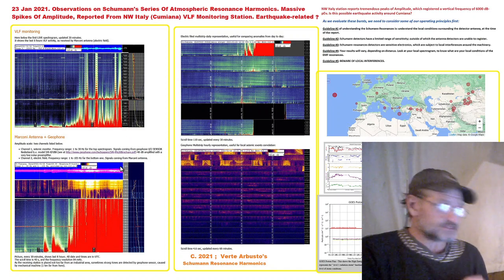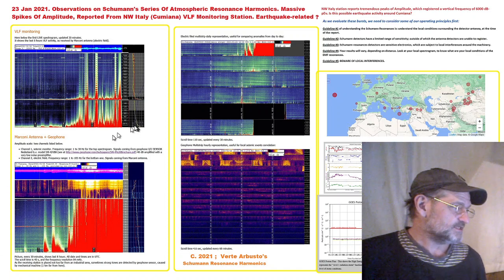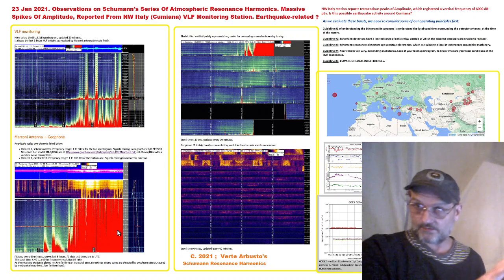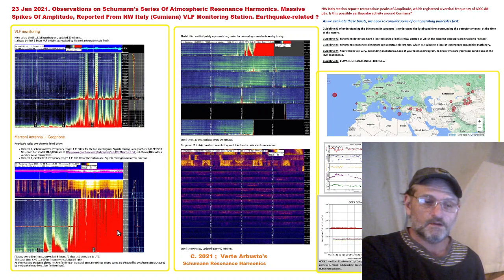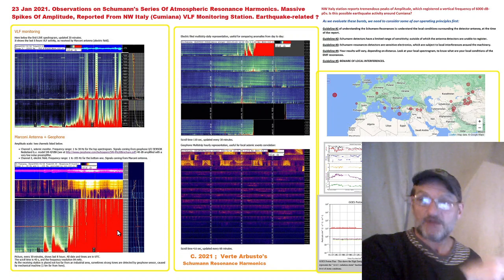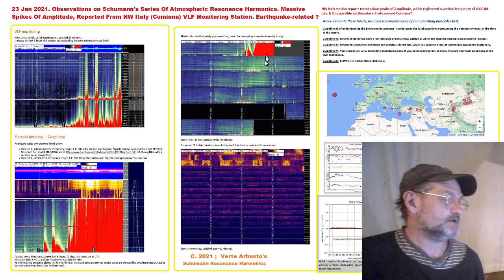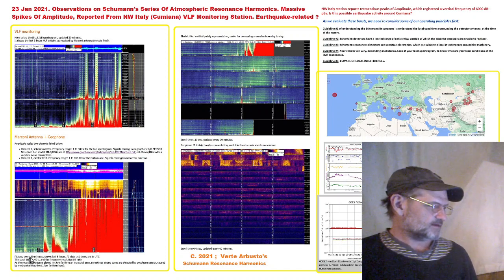So this is the first most important thing for you to notice: the correlation between the seismic graph and the activity in the lower ULF range as it goes up into the VLF range of 1500 hertz. So that explains that.